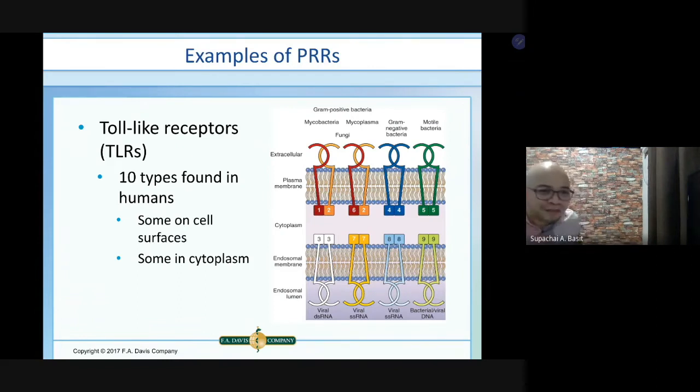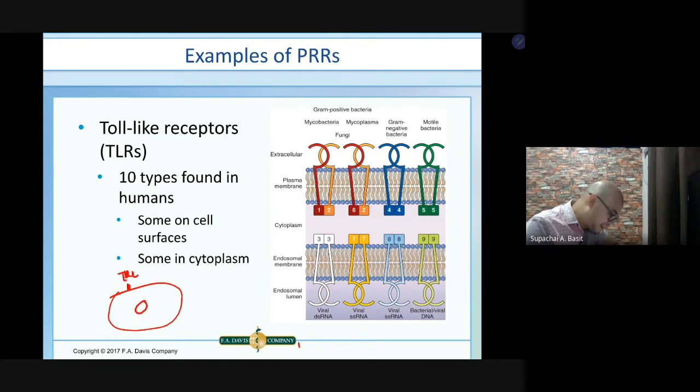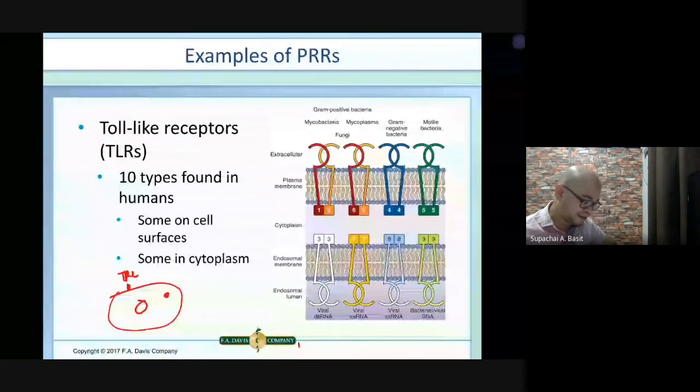One of the most common examples of PRRs are the TLRs, which are known as the toll-like receptors. We have 10 types of toll-like receptors in humans, and the majority of them are found on the cell surface, while some of them are found in the cytoplasm.